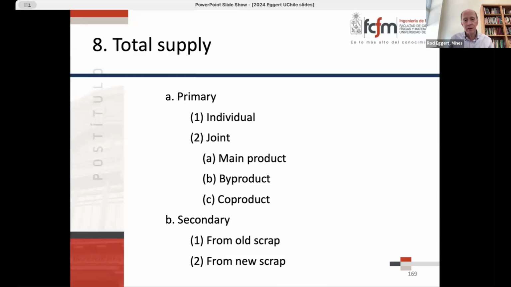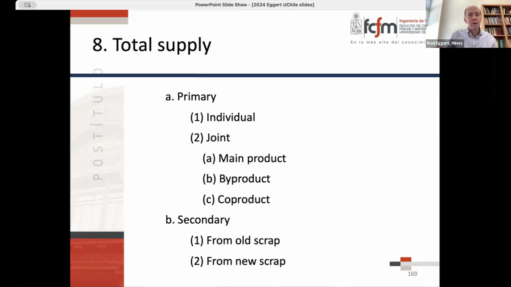And then secondary supply, as I have defined the term, is metal recovered from old scrap, the availability of which in any particular year depends importantly on the lifetime of products and how quickly demand has grown over that lifetime.